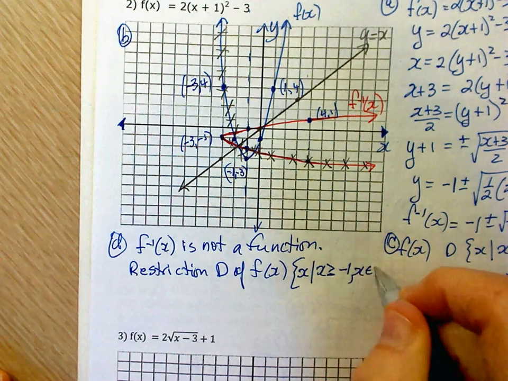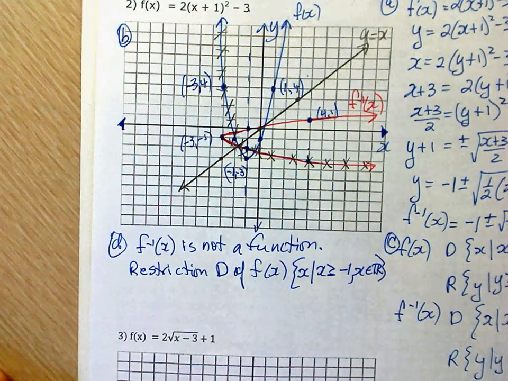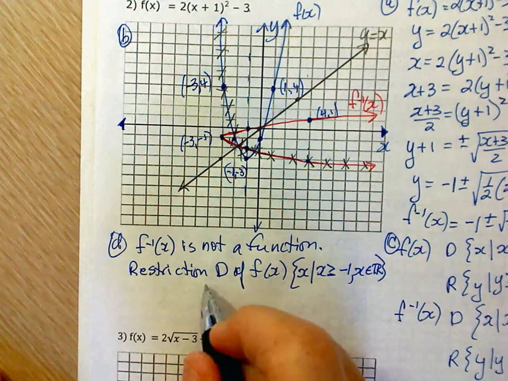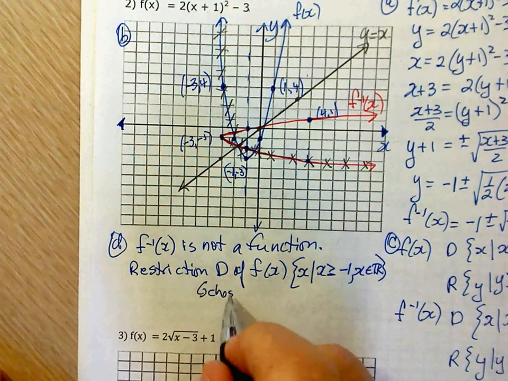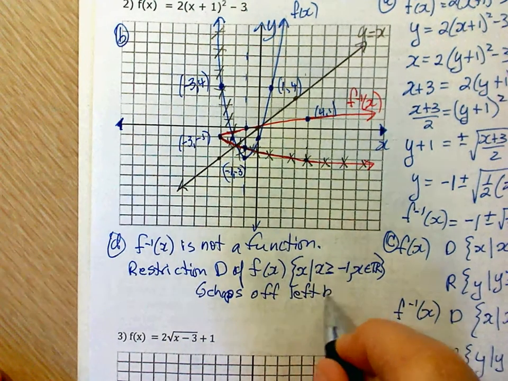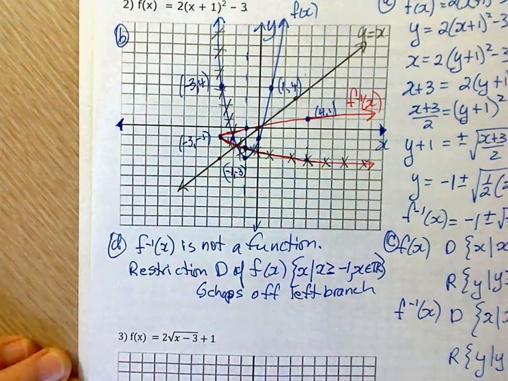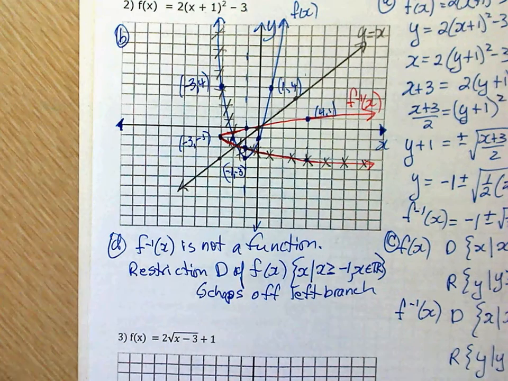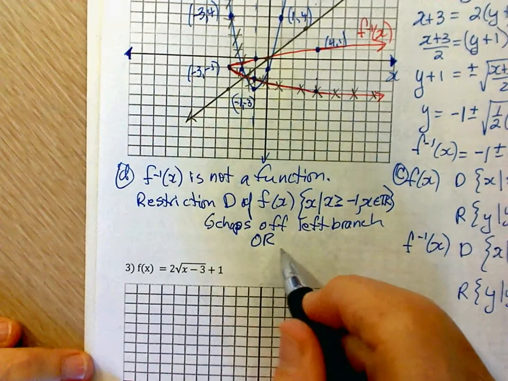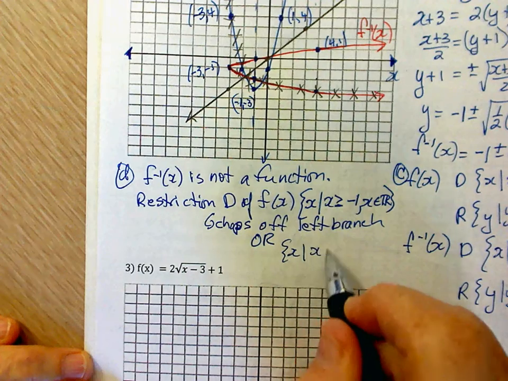X is an element of real numbers. Now you could have chopped off the right branch, so this in effect is chopping off the left branch, right? Or, as our young student mentioned, we could go x such that x is less than or equal to -1, x an element of real numbers.